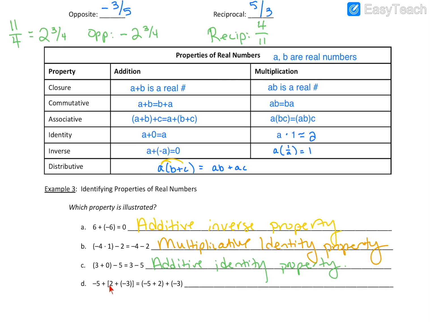But where the parentheses are has changed. We were grouping 2 and negative 3 together, whereas we're moving it to the negative 5 and 2. When parentheses change their location, plus what do we have going on here? Addition? Yep, addition. Parentheses are just moving. We call that the associative property, so this one is going to be the additive associative property.